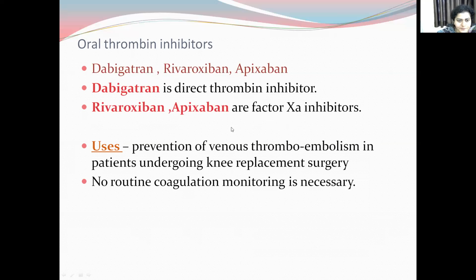The use of all these oral inhibitors is for prevention of venous thromboembolism in patients undergoing knee replacement surgery. And the main advantage of these drugs is that no routine coagulation monitoring is necessary. When you give this drug, there is no need for routine coagulation monitoring.